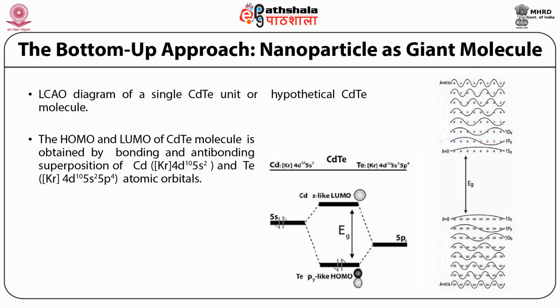The HOMO and LUMO of the cadmium telluride molecule are obtained by bonding and anti-bonding superposition of cadmium and tellurium atomic orbitals. The right-hand side figure shows the sinusoidal functions that describe the phase of each molecular orbital level in a one-dimensional cadmium selenide nanoparticle. Here they describe the phase of the atomic orbitals.